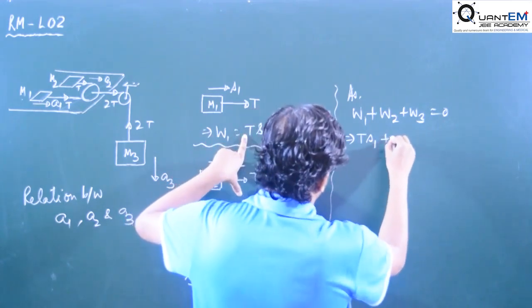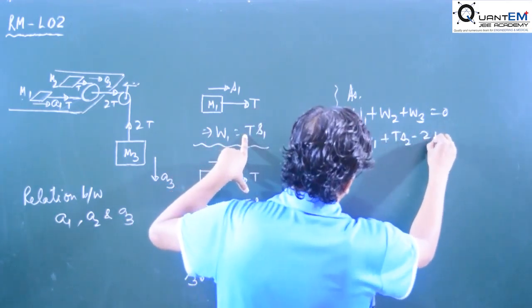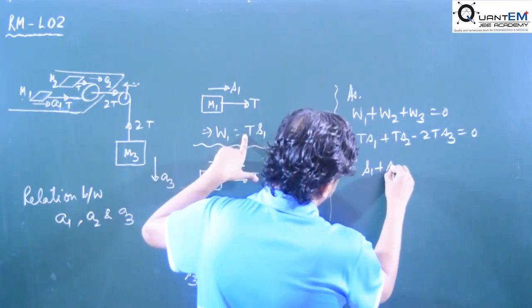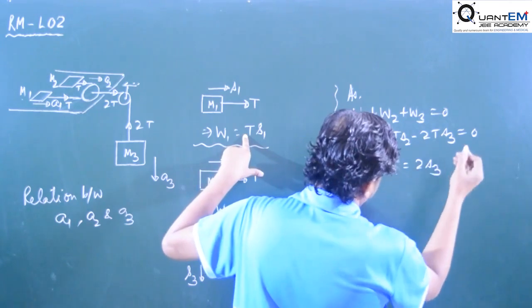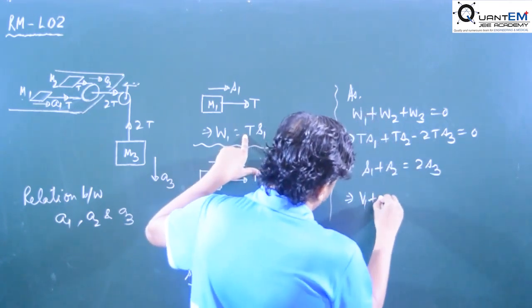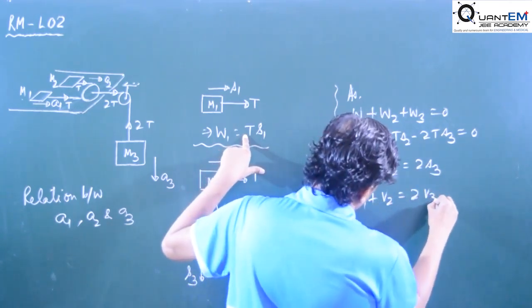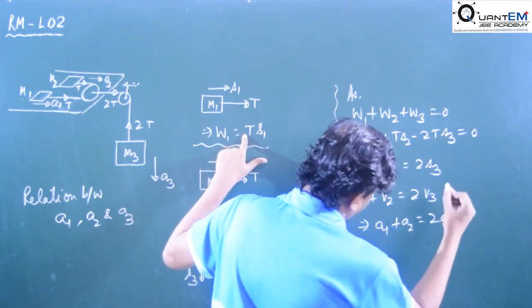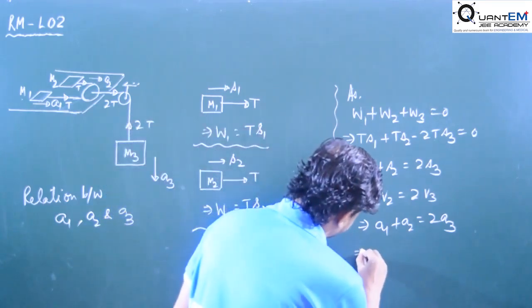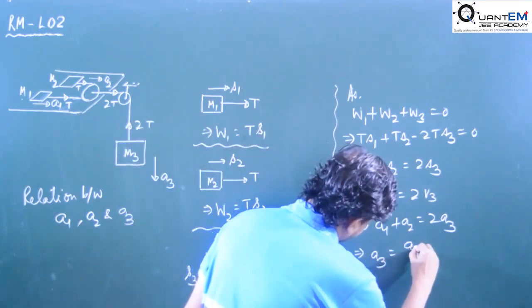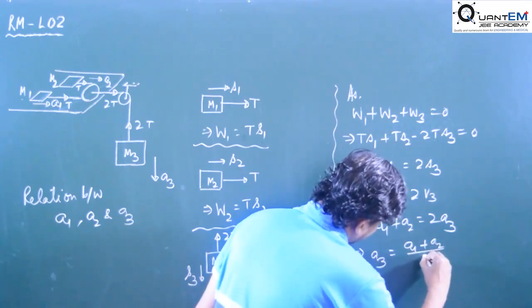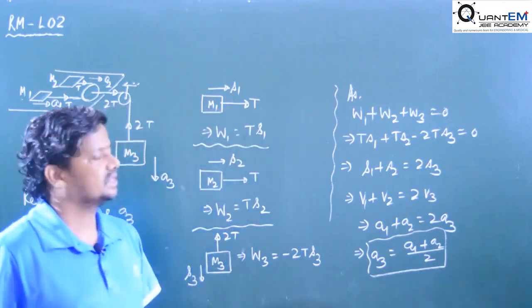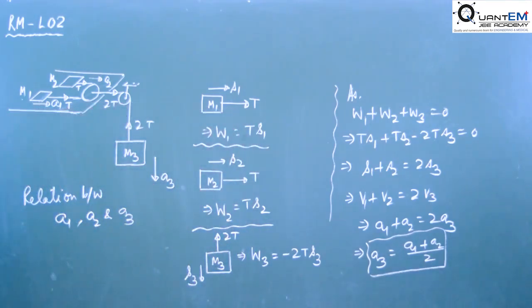So you have S1 plus S2 is equal to 2 S3, V1 plus V2 is equal to 2 V3, and similarly A1 plus A2 is equal to 2 A3. So it implies that A3 is A1 plus A2 divided by 2. Okay, now we move to the next question.